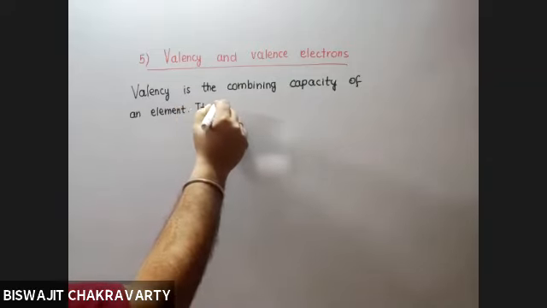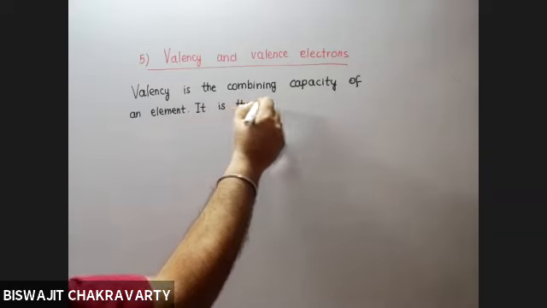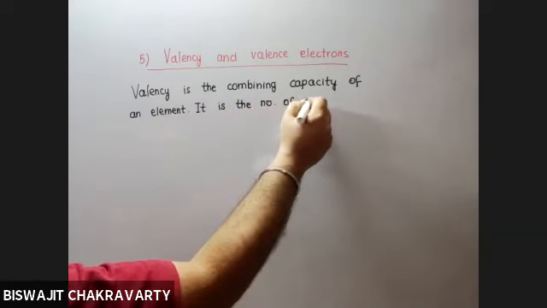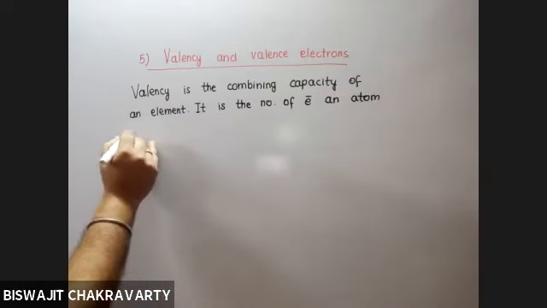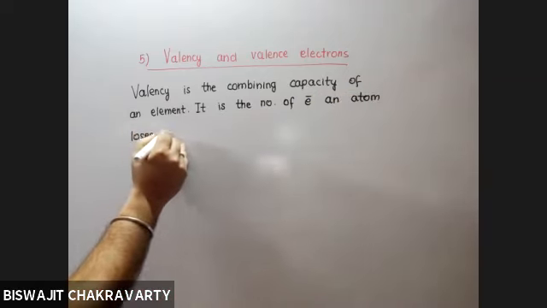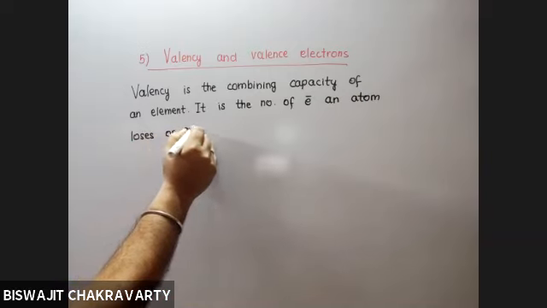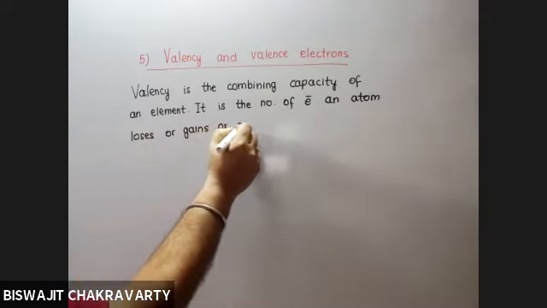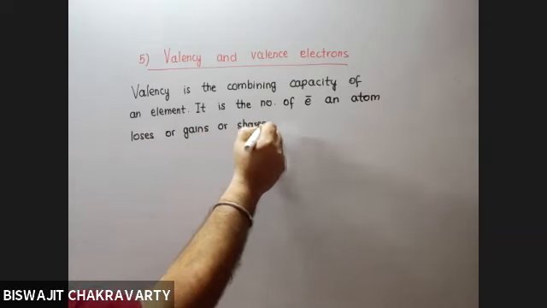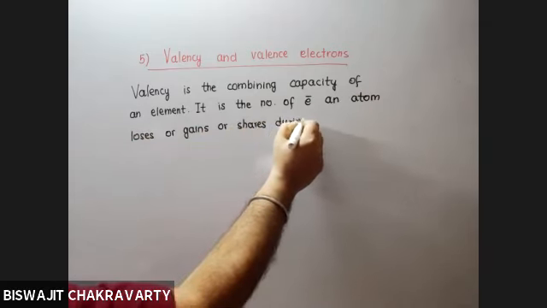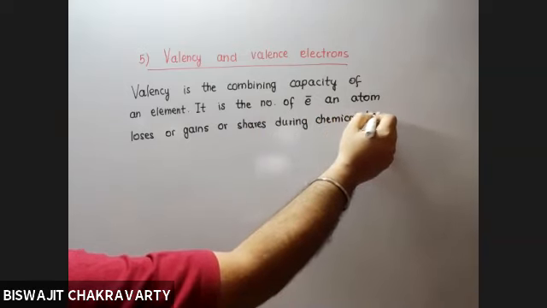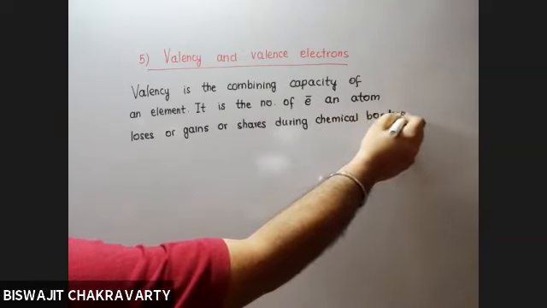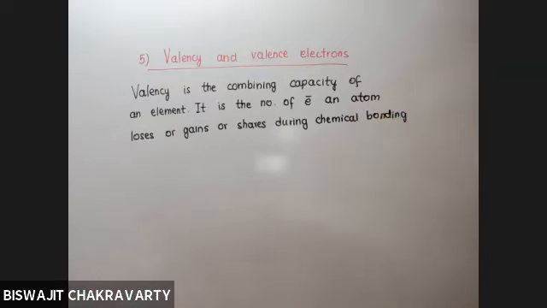It is the number of electrons an atom loses or gains or shares during chemical bonding. You know that atoms combine with each other to gain stability.